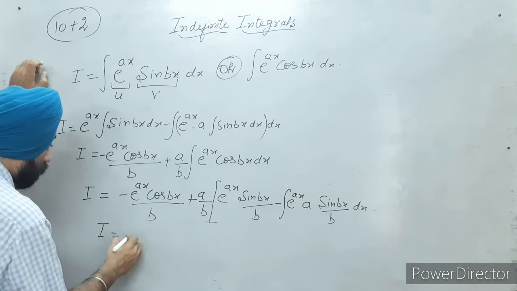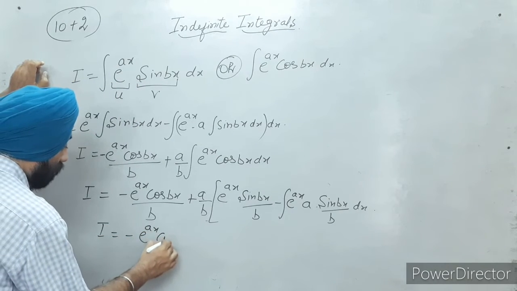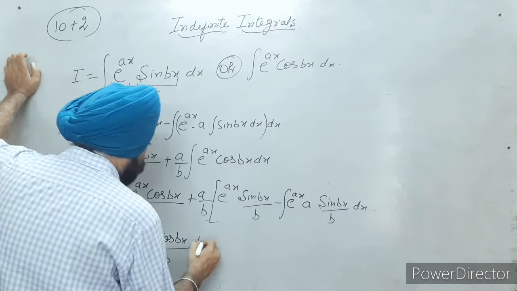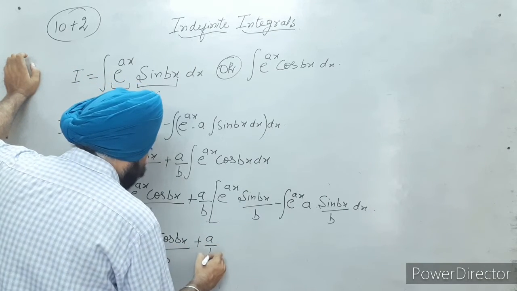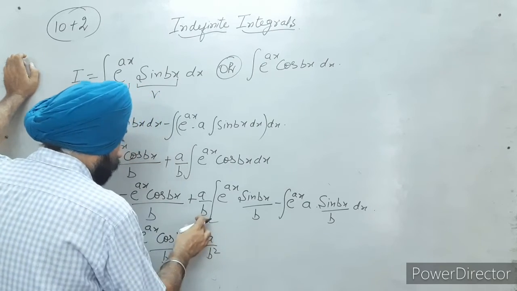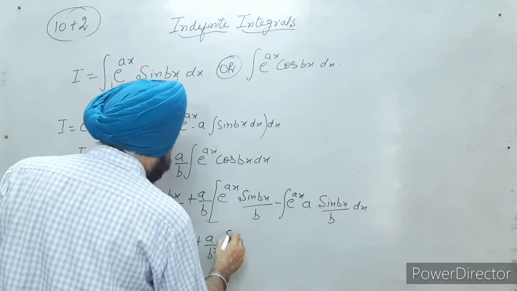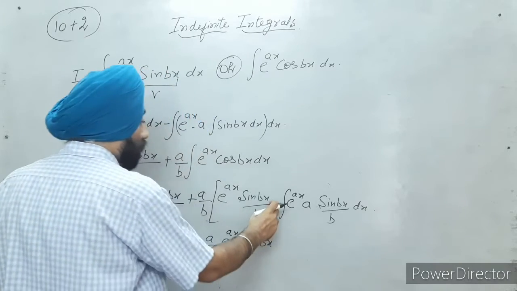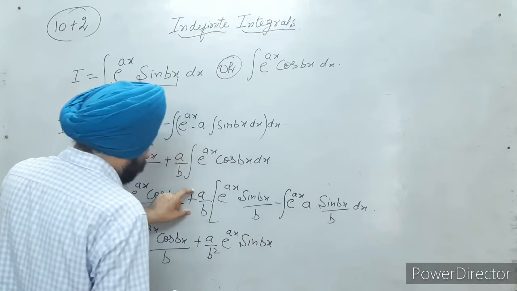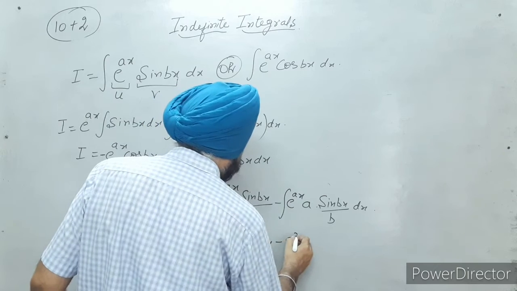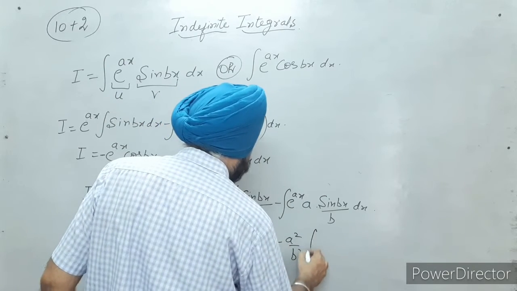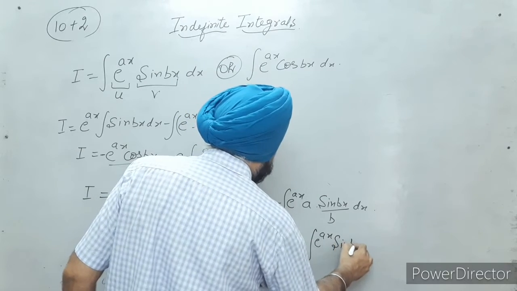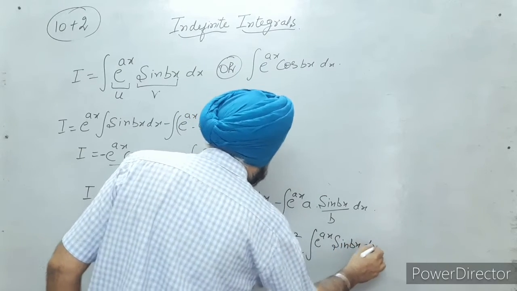I equals negative e^ax cos bx upon b plus a upon b square, this b square, e^ax sin bx minus a upon b. It's here, it's minus a square by b square integral of e^ax sin bx dx.